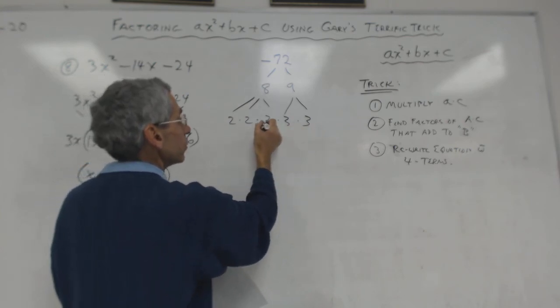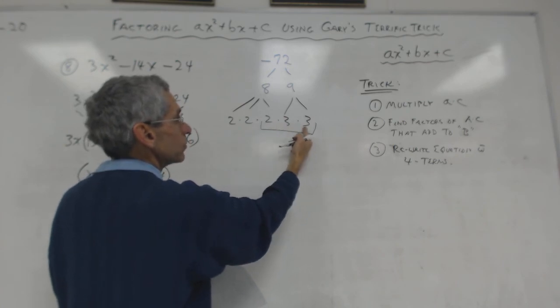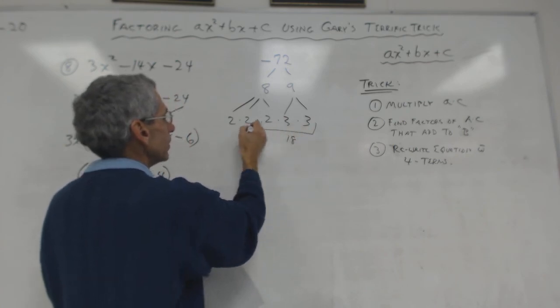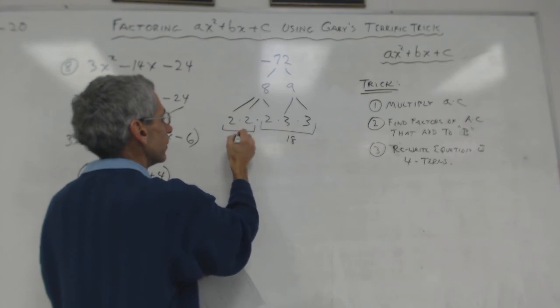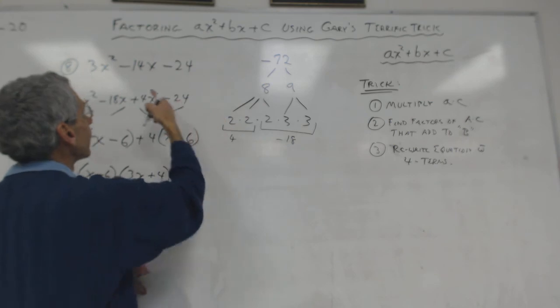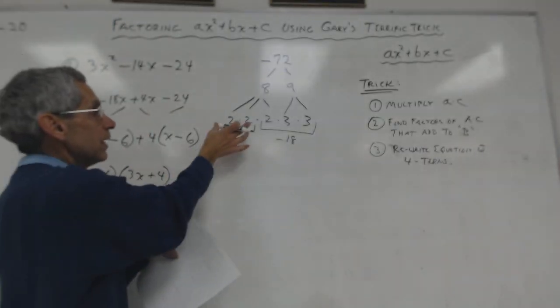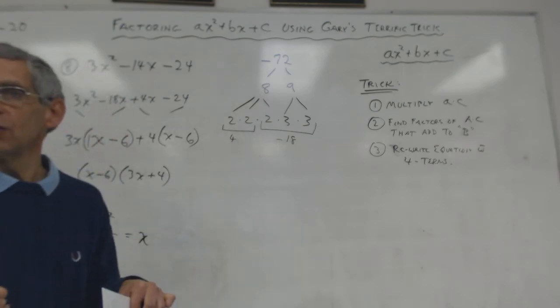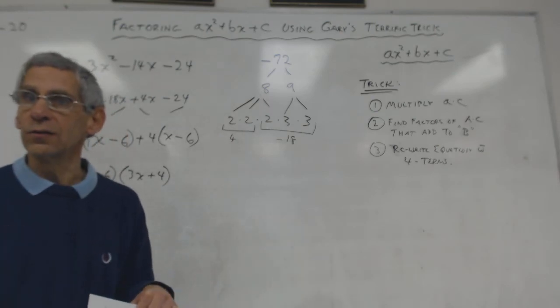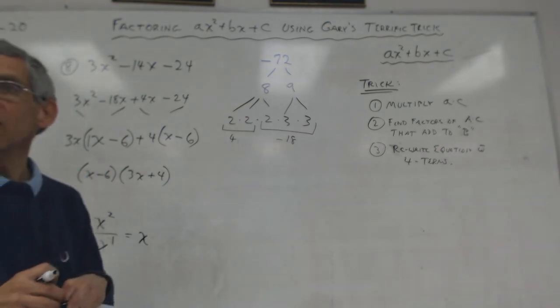So I might try doing this. 2 times 3 times 3, 2 times 9 is 18, and this is 4. 18 minus 4 is 14. And then I realized, if this was negative, I'd have negative 14. It's just regrouping the number of 2's and 3's that go together. You see what I'm saying? Get that? That's a great trick for larger numbers.